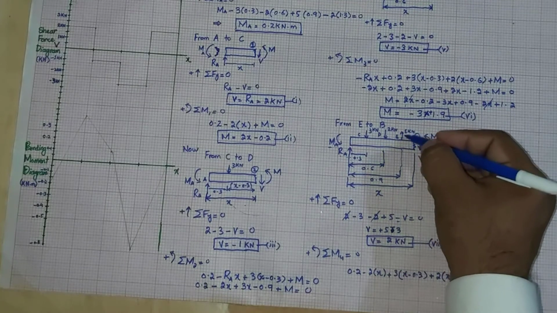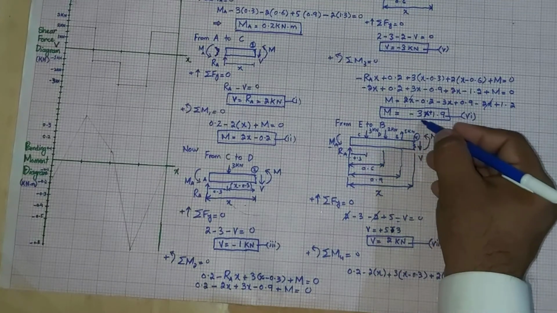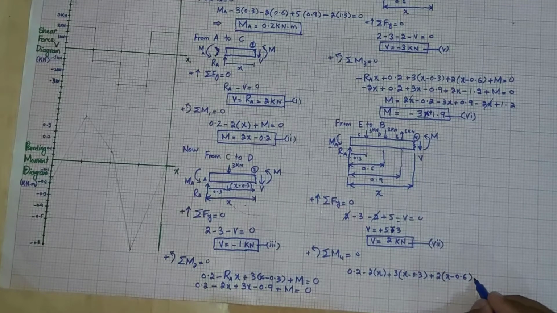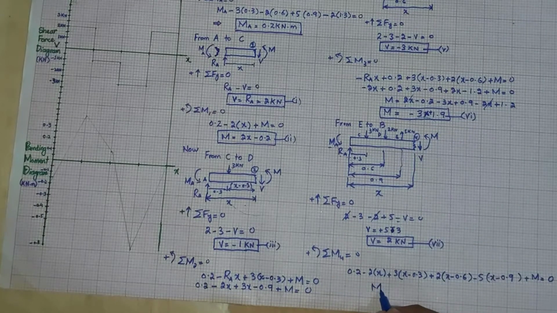Now this upward force is producing a clockwise rotation, so that will be minus 5 into X minus 0.9. Clear? And there is a reaction moment M, which is again counterclockwise, so their sum must be equal to 0. If you solve this, M comes out to be 2x minus 2.4.